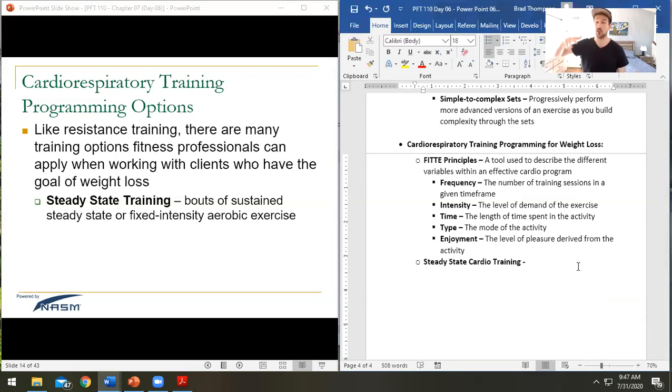In order to do steady state training, you have to have your heart rate relatively low. So this is going to be bouts of sustained, steady state or fixed intensity aerobic exercise. And this has a point.